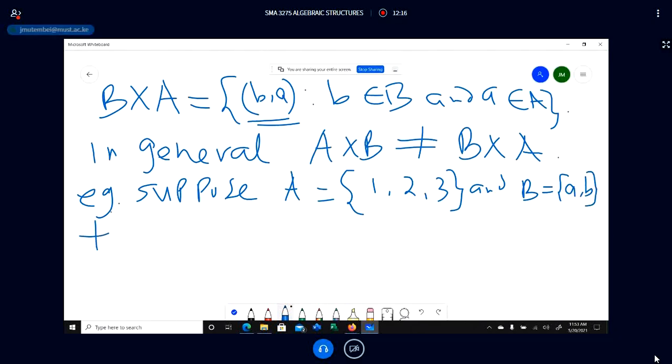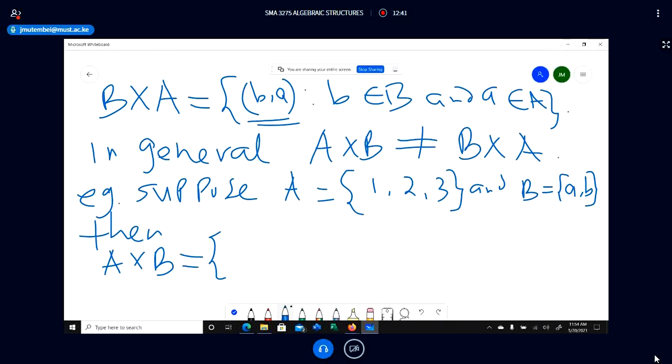Then the set A cross B, the Cartesian product of A and B, will consist of ordered pairs in the form (a, b), where the first is from A and the second is from B.